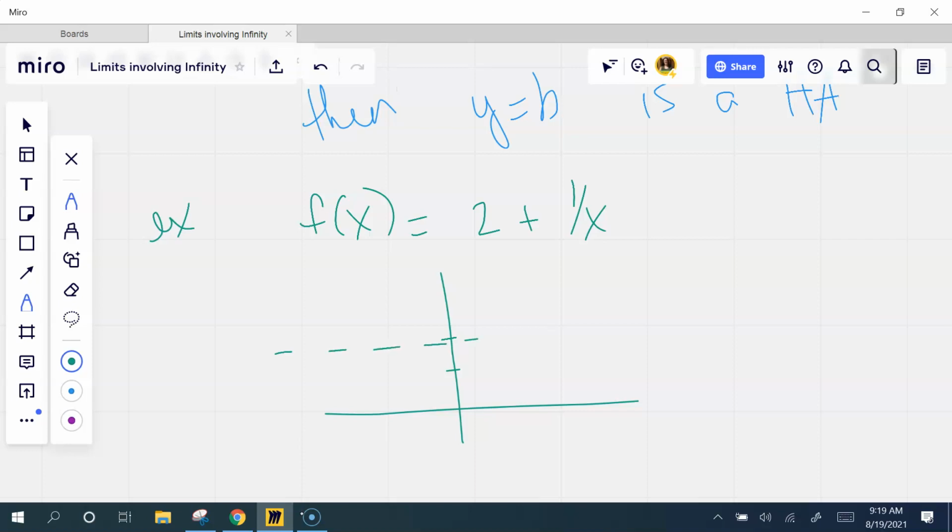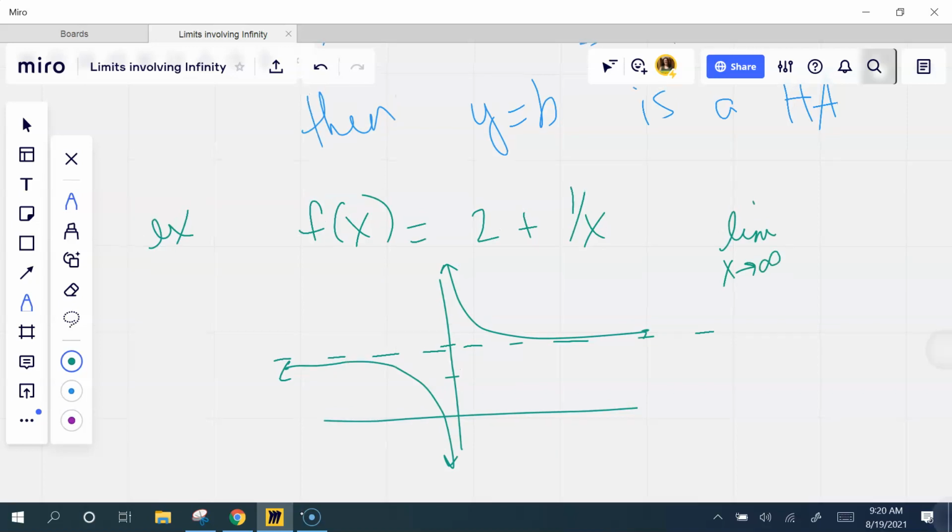Everything is shifted up 2 units, yes? What is the limit as x approaches infinity? 2.